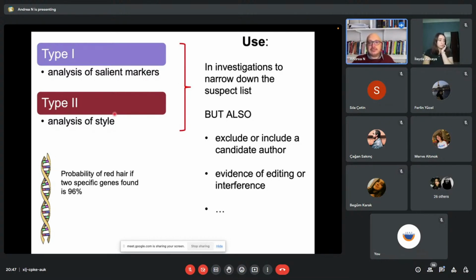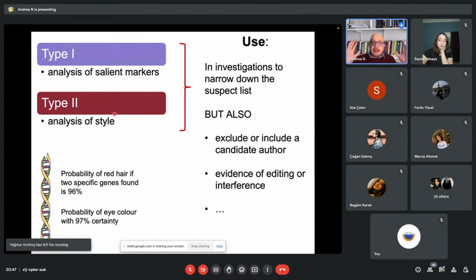For example, if you have a fragment of DNA, you can establish the probability that someone has red hair, or that someone has a certain eye color. And so, let's say that for some reason you have a suspect, and you cannot extract DNA from the suspect.